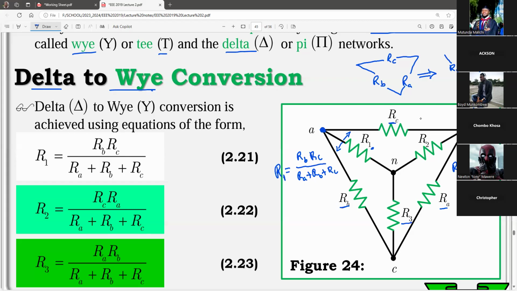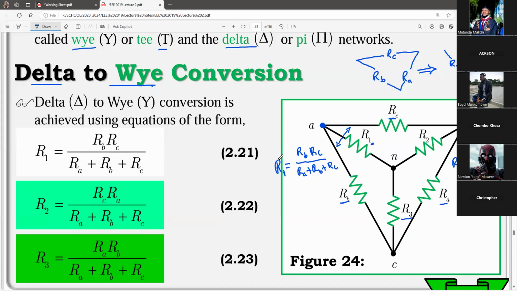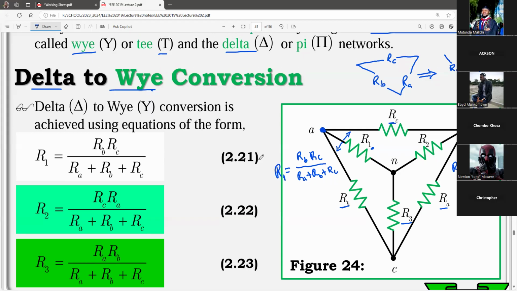That would give you R1, R2, R3 as the equivalent resistance to the delta connection. Okay. I hope that is okay before we move to the other direction. Is that okay from what I've been saying here?